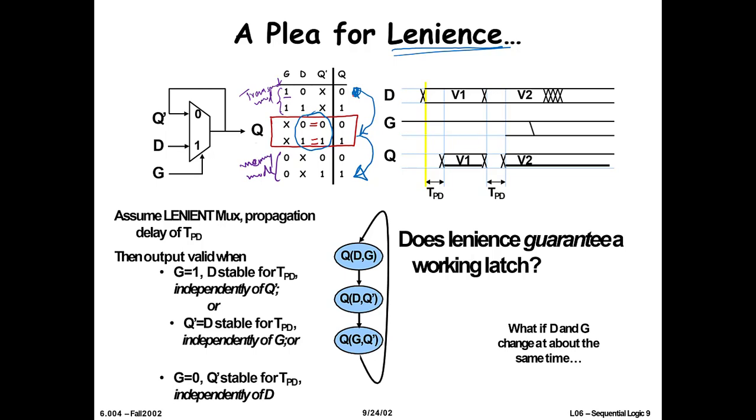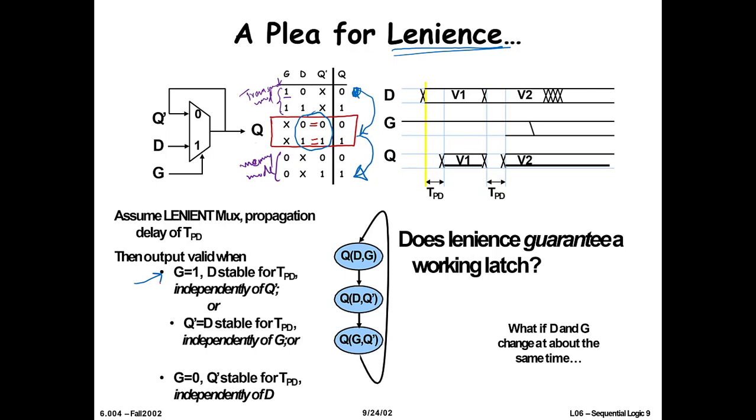What that means is you will not change G and D at the same time. So this is a cycle. You always first make G 1.